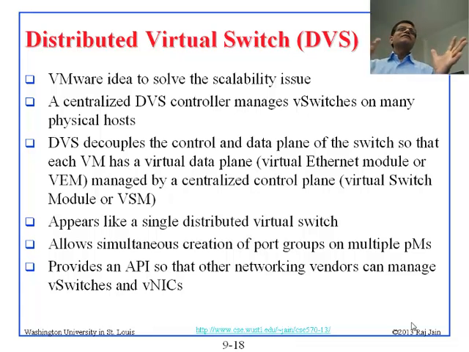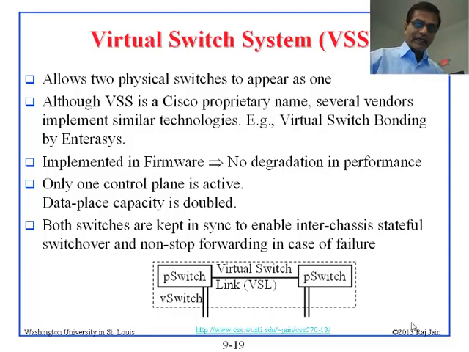All right, so this is DVS. You already see that DVS is basically aggregating all the vSwitches and making them look like one. Well, Cisco went one step ahead. They said, why don't we take physical switches and make them look like one? That is called VSS, Virtual Switching System.